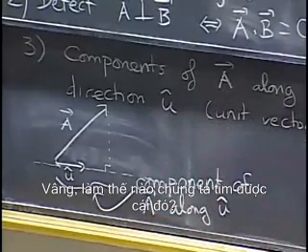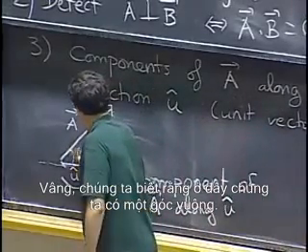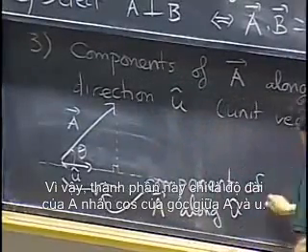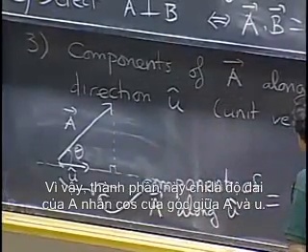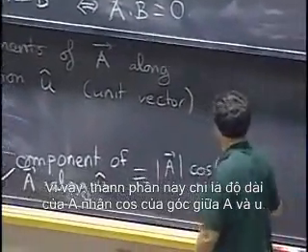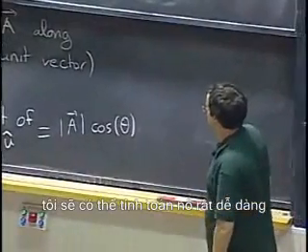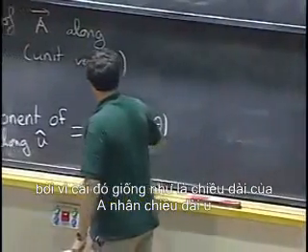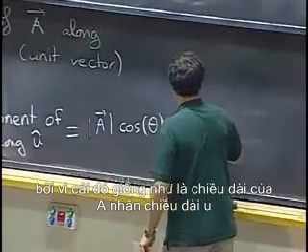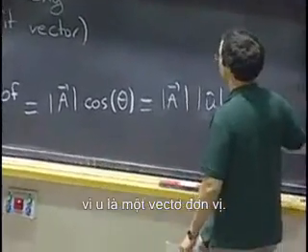How do we find that? We know that here we have a right angle, so this component is just length A times cosine of the angle between A and U. But that's the same as length A times length U times cosine theta, because U is a unit vector.